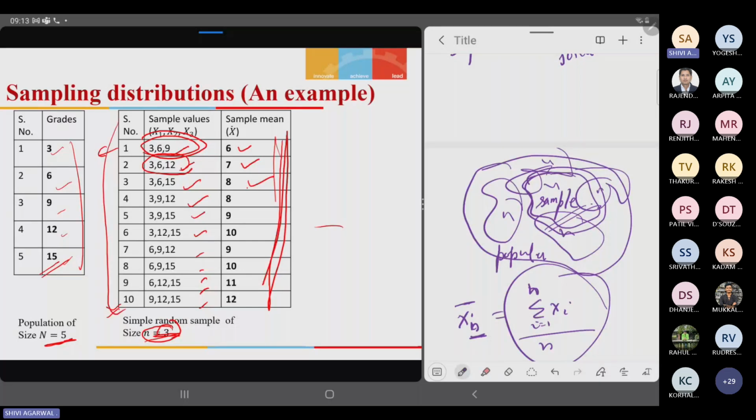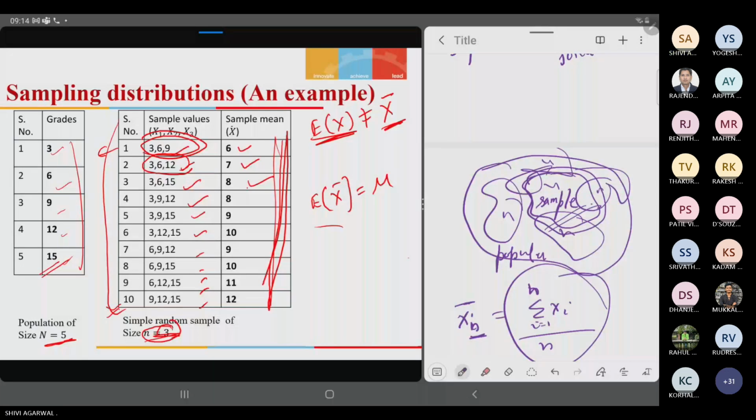That's why I'm saying x bar is also a random variable, and its mean can be written as the mean of the population. The expected value of x bar is equal to mu. The expected value of x is not equal to x bar. X bar is the sample mean, and the expected value is the population mean.